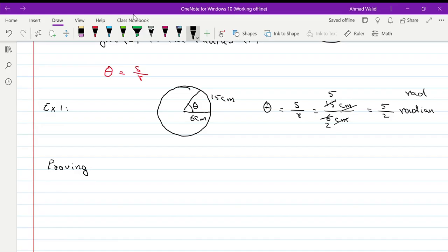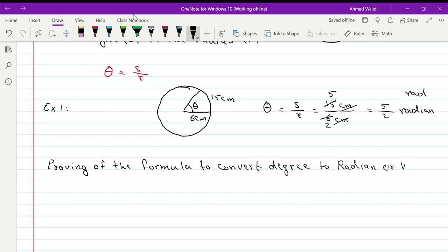Proving of the formula to convert degree to radian or vice versa, radian to degree.